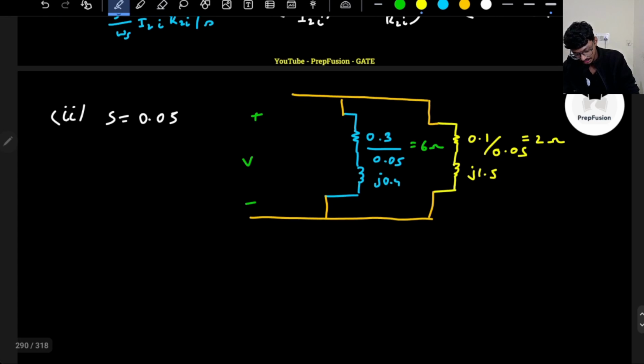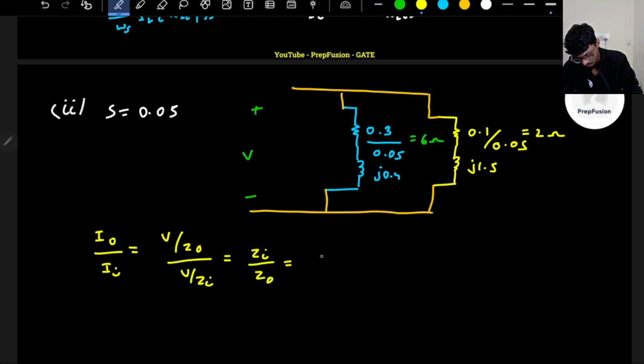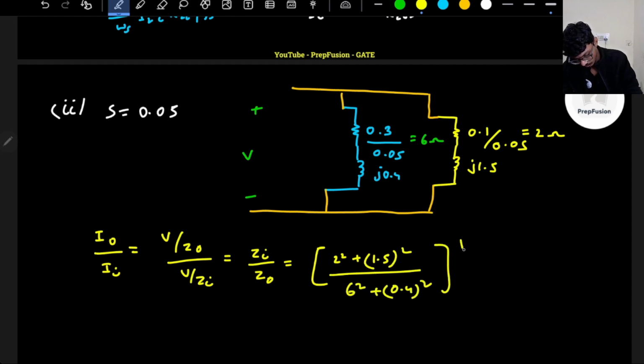Basically if I want to find out the outer current by inner current ratio, it will be V by outer impedance divided by V by inner impedance. So this will be Zi divided by Zo. If I want to directly write, Zi is the inner one, so 2 square plus 1.5 whole square, divided by 6 square plus 0.4 whole square, whole under root.